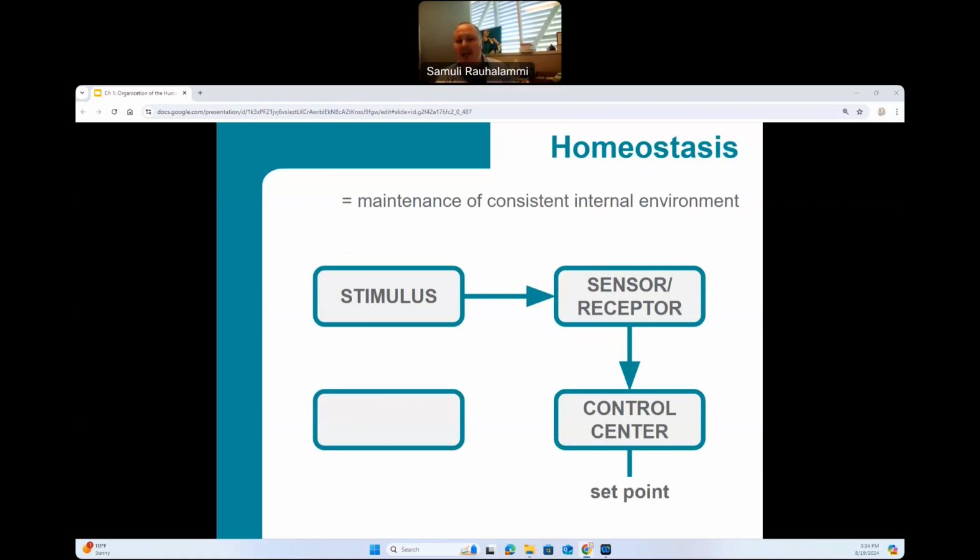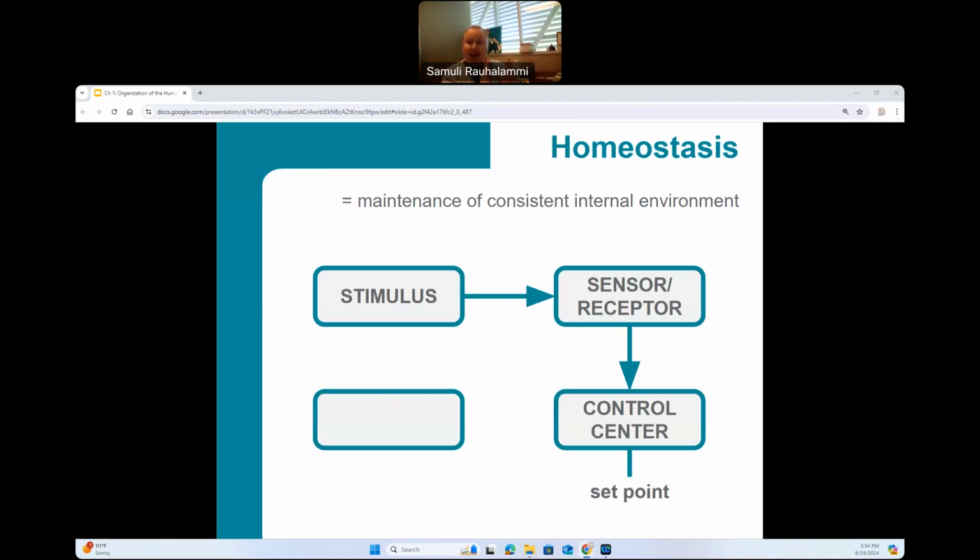Giving meaning to this stimulus at the level of the control center happens thanks to the set point. You can consider that if we had a line here, this would be all the possible values that we could have for the stimulus. In this case, for temperature, we have a large range of temperatures that we might have in the body. But within that range, there's a set point.